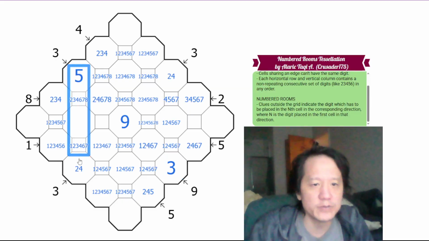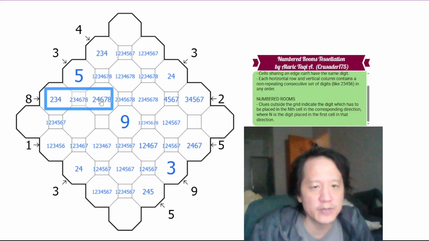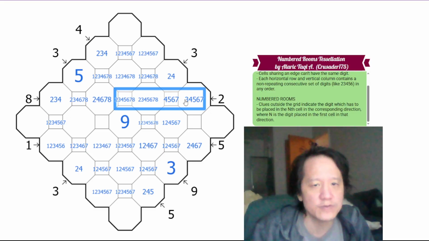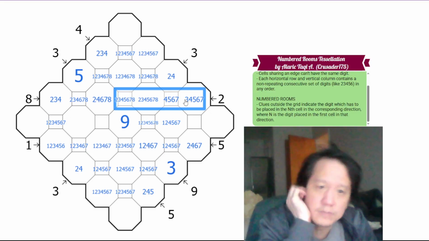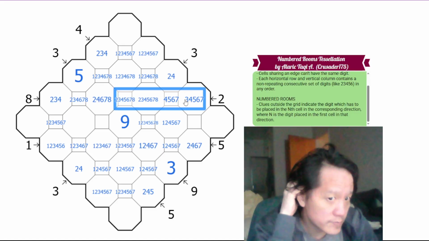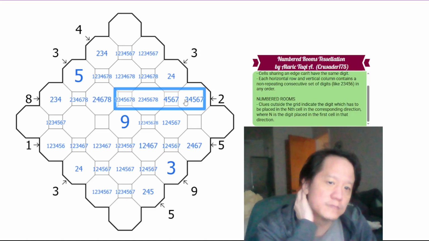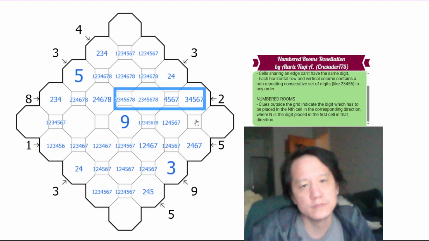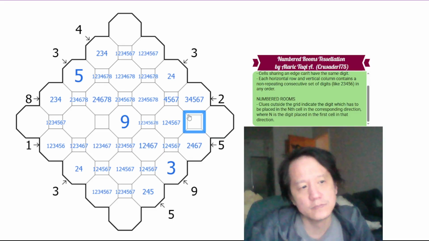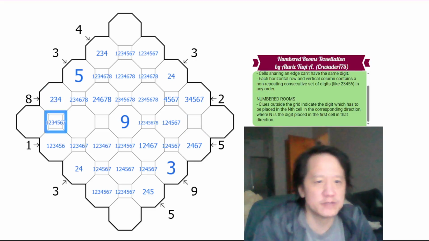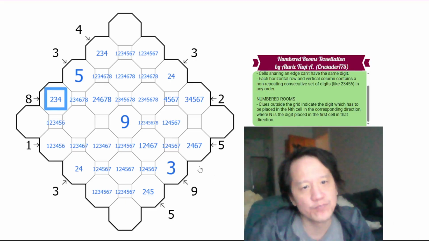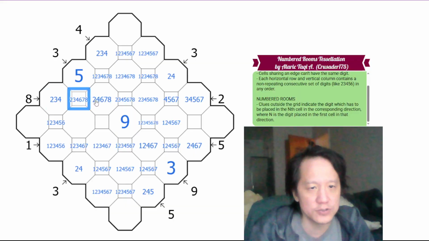Therefore, it still could be 1 through 5. 5 cannot be any of these digits, so 5 has to be one of these 4. Okay. This is 2, 3, or 4, so this can never be 7. So 8 has to be in 2, 3, or 4 here.